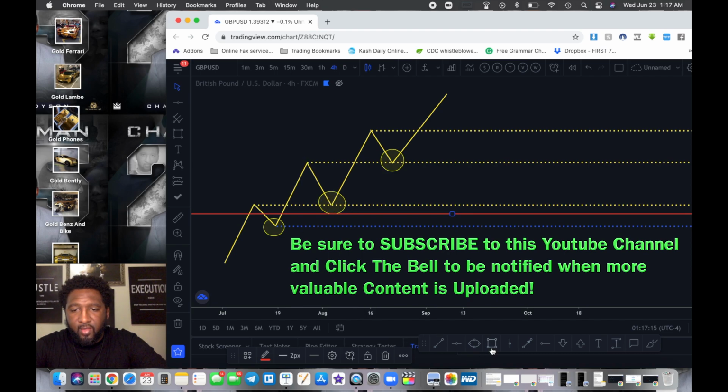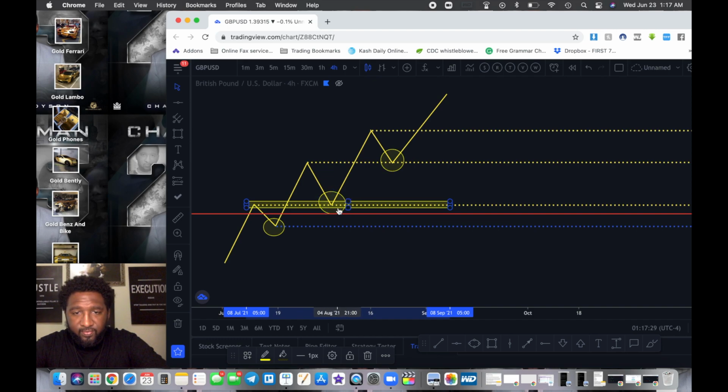Let's call it a zone. They're buying the market right here in this zone, somewhere in this area. And what the market makers know is that people all over the world trade like this. There's a lot of liquidity. There's a lot of people that have stop losses right below this area.